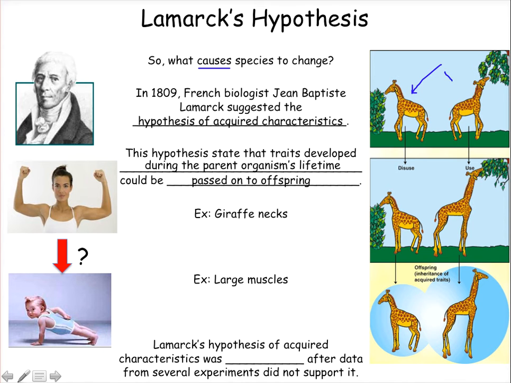Okay, so if we look at these giraffes, according to Lamarck's hypothesis, you might have a species like this giraffe that has a shorter neck, but some of those giraffes may be in an environment where a longer neck would be beneficial. So, for instance, here we see that the giraffe's food source is up high in the trees.